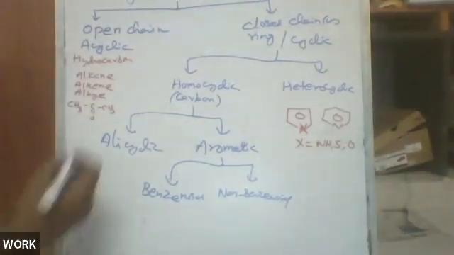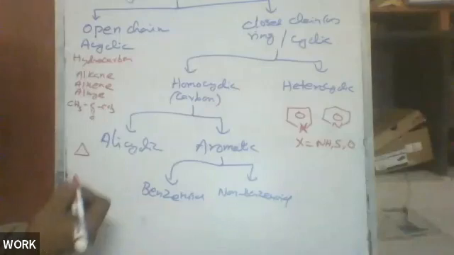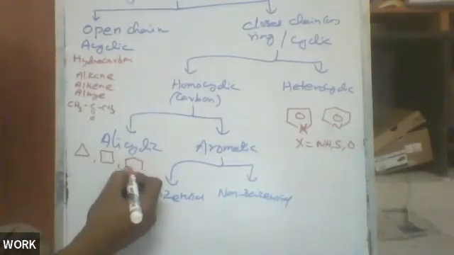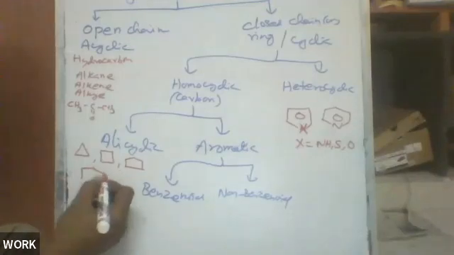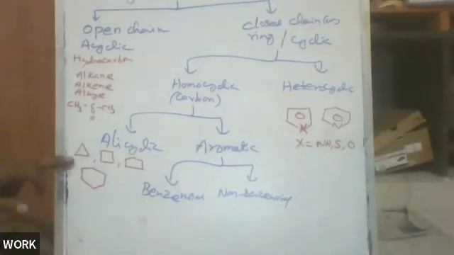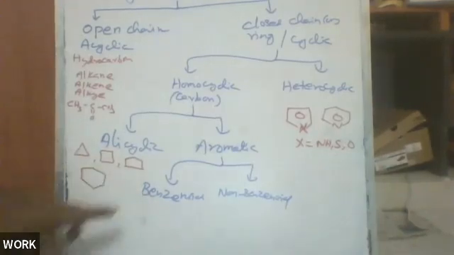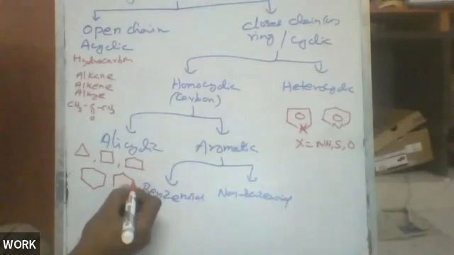Homocyclic, carbon contained, alicyclic means cyclopropane, cyclobutane, cyclopentane, cyclohexane. Hexane has 6 carbons, propane has 3, so 3 carbons with a ring is cyclopropane, cyclobutane, cyclopentane, cyclohexane. So 7 carbons, cycloheptane. That also we can say.